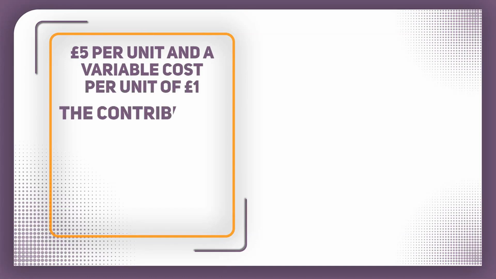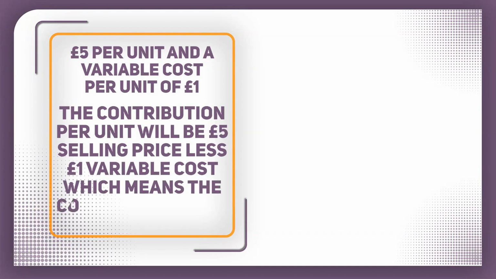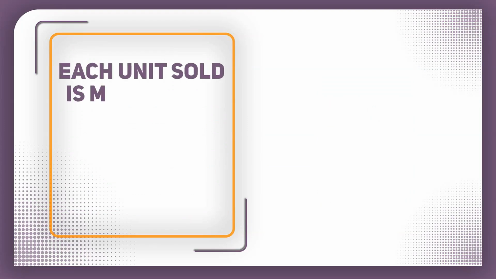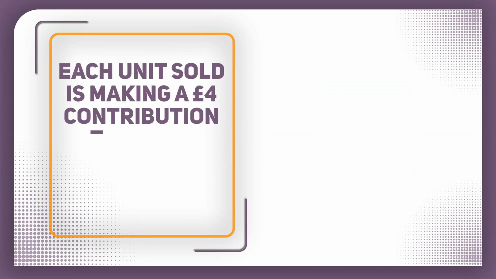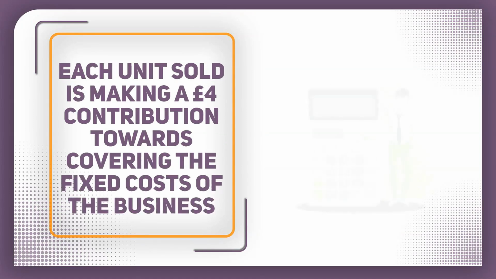The contribution per unit will be the £5 selling price minus the £1 variable cost, which means the contribution is £4 per unit. In other words, each unit sold is making a £4 contribution towards covering the fixed costs of the business.